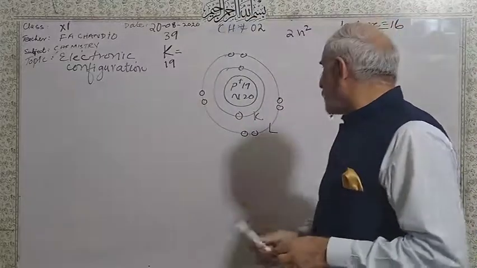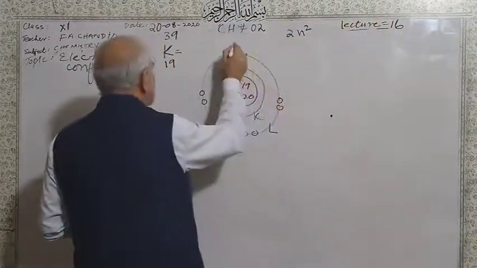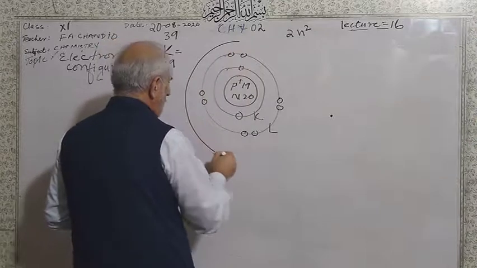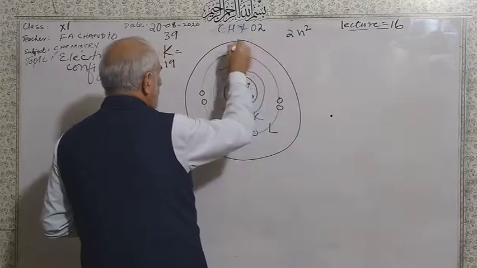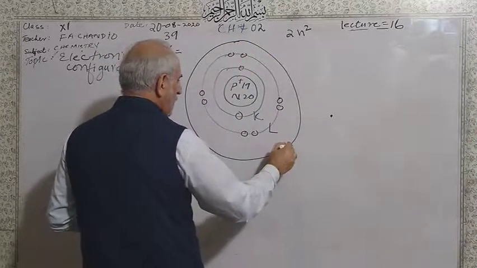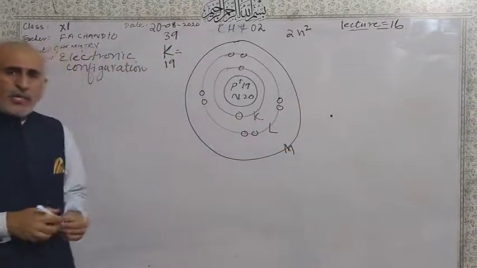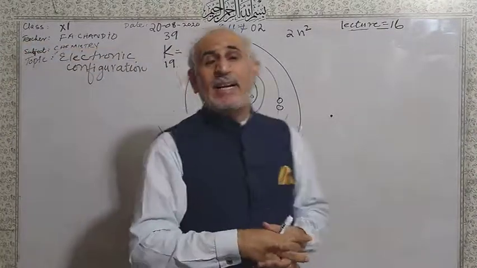According to 2n², when I draw the M shell, students, the M shell occupies 18 electrons.